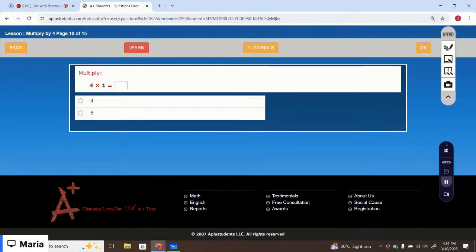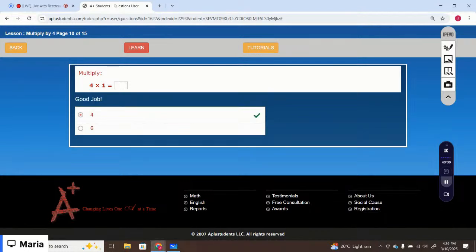Times 1 equals... 4 times 1 equals 4. Option number 1 is the correct option.